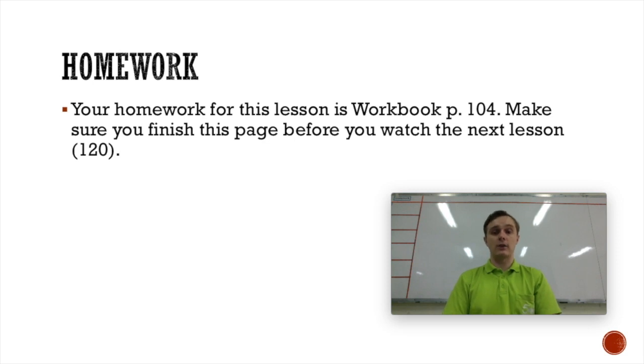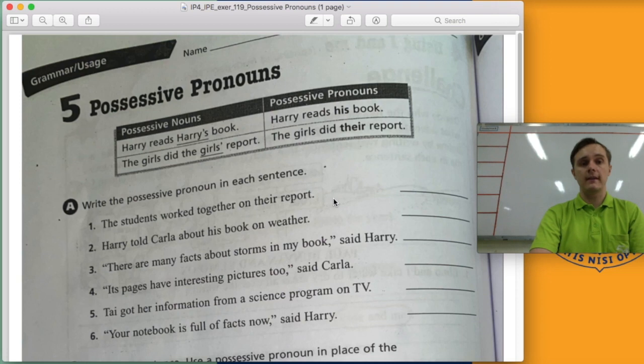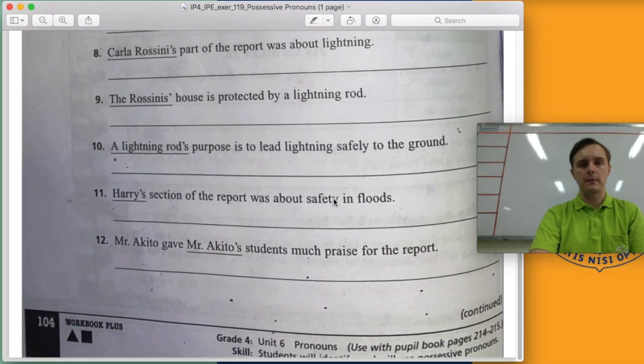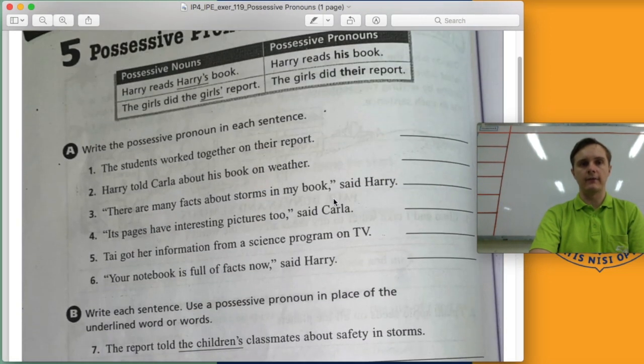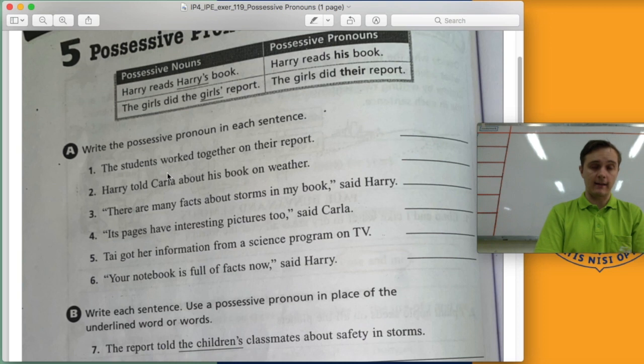Very quickly, I'll just explain what that homework is. Okay, IP4, this is your homework, workbook page 104. Section A is like the section that we just did, the second section in the textbook. You read these 6 sentences, find the possessive pronoun, and write it on this line.